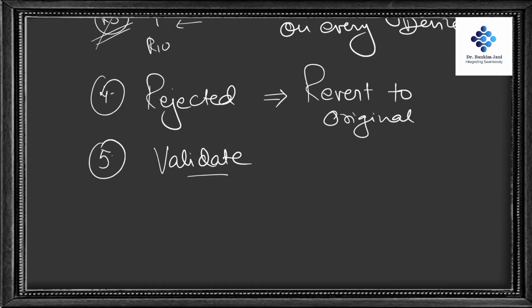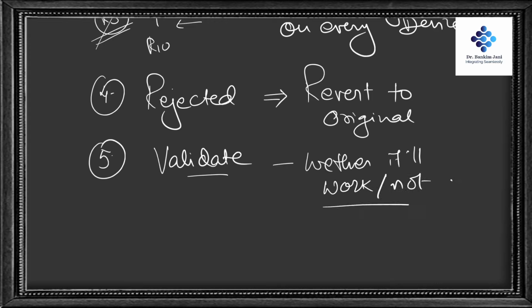Validate means let's check in advance whether this will work or not. That is what is called validation. So in case there is any issue, let's solve it right now, so that we don't have to worry about that issue at a later stage.